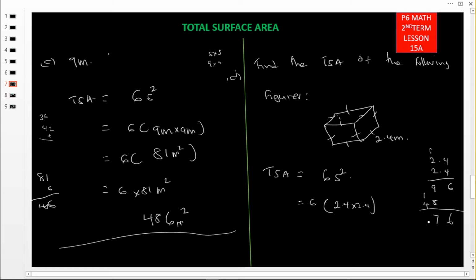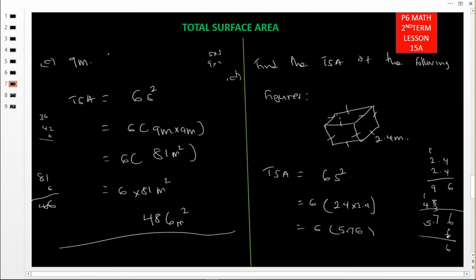Then we put here, this is a 5. How many decimal places? 1, 2. So we have 5.76. It is 6 into 5.76. So we are multiplying by 6 again here. So 6 into 6, 36.